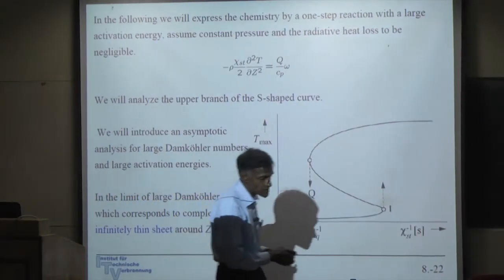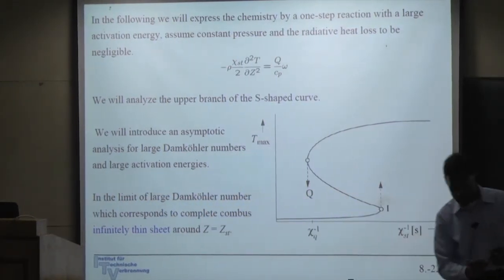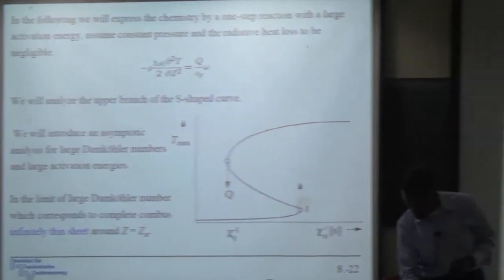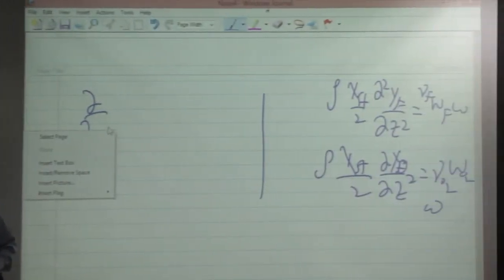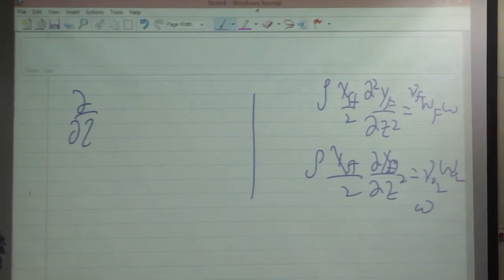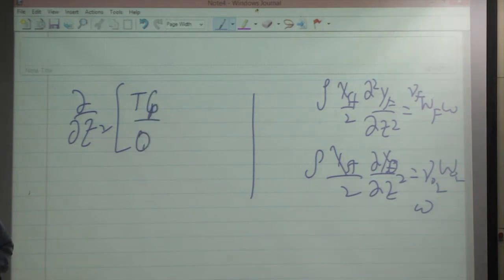You can get coupling functions which will look like, I can write T times Cp over capital Q, plus Y_F over nu_F W_F equals 0.